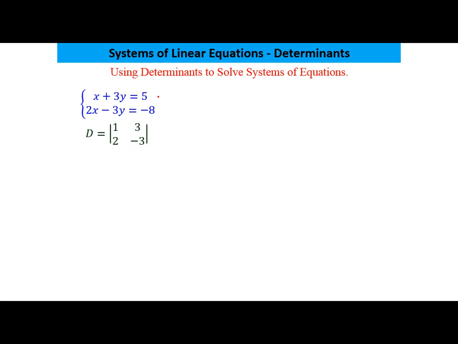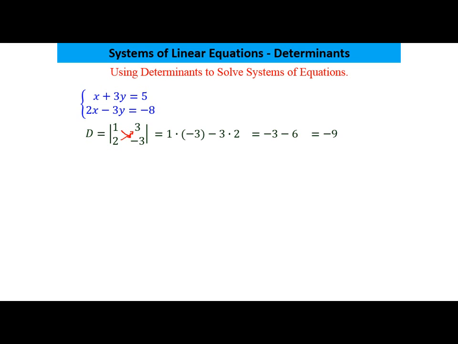We're not going to use the solutions yet. And how do I find the determinant of that? You multiply these two together, and then you subtract multiplying these two together. So what is our answer? Negative 9.